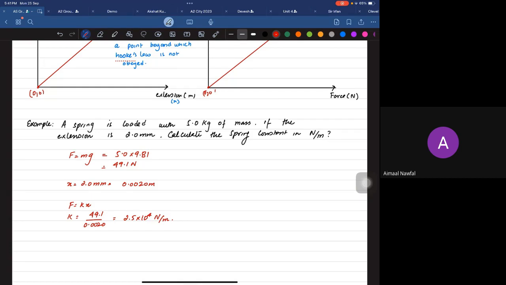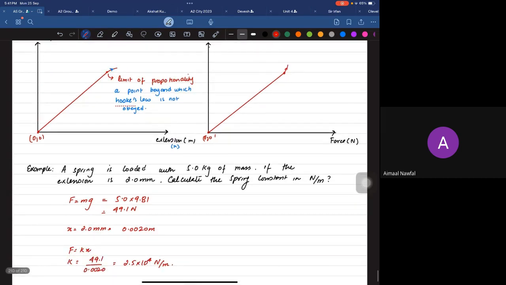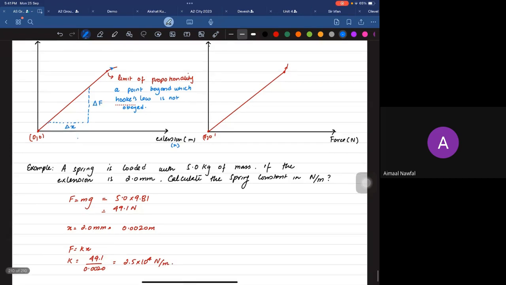Now, interestingly, on the same diagram, I want to tell you two more things. If you try to find the gradient of this line, you're going to get change in F over change in x, all right? So the gradient of the above graph, force against extension, would be equal to k.